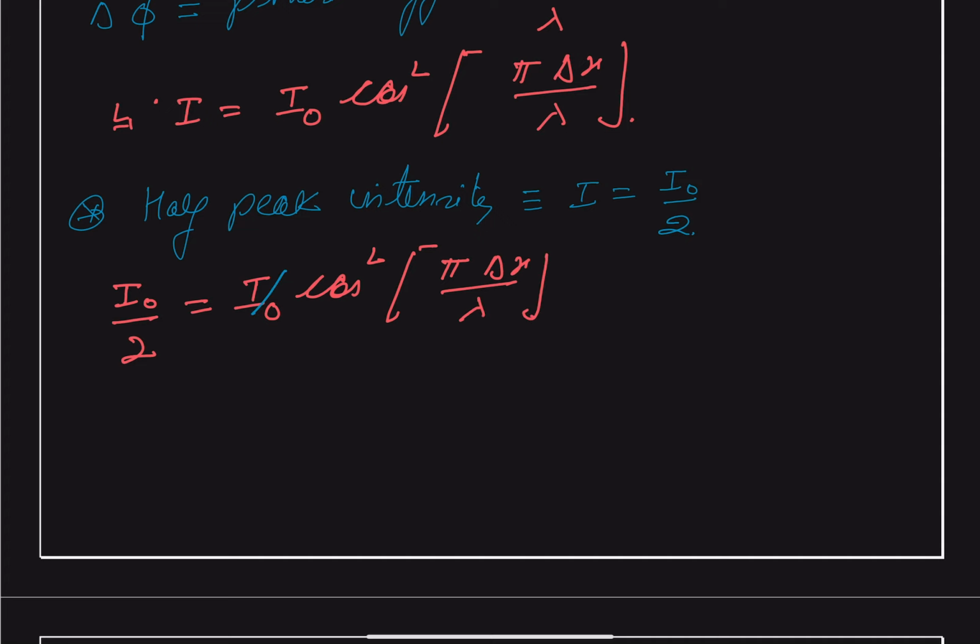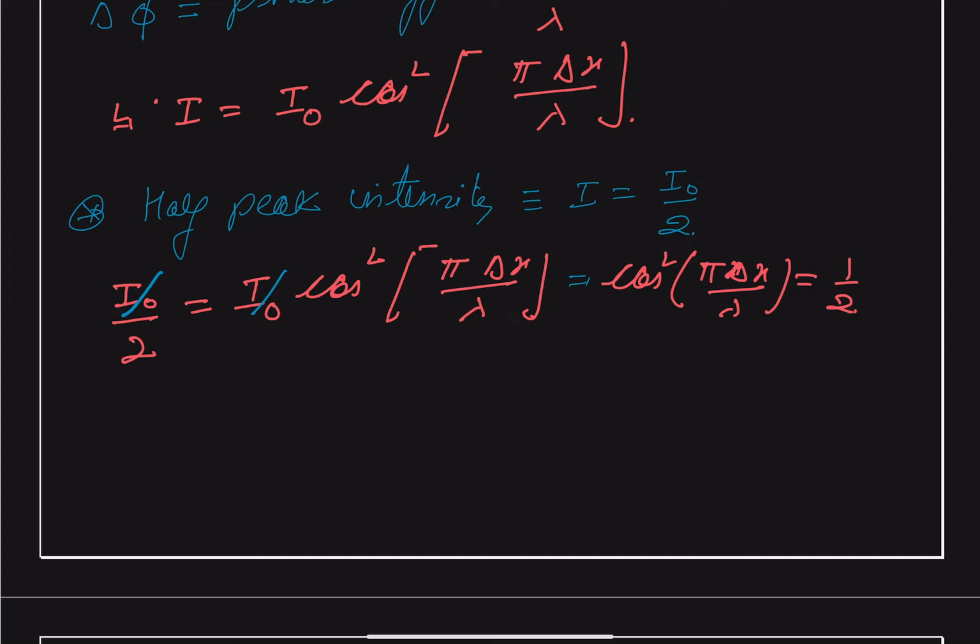I naught goes with I naught, and this gives us that cos square pi delta x upon lambda is equal to 1 by 2.